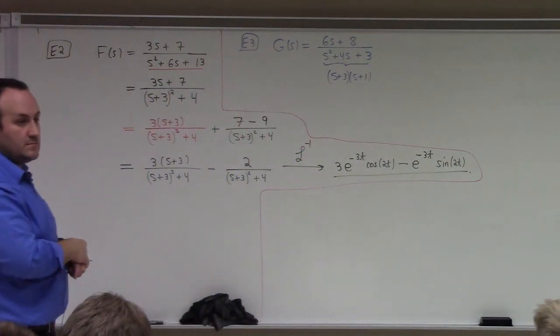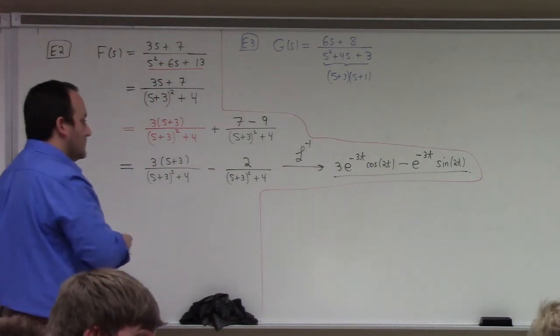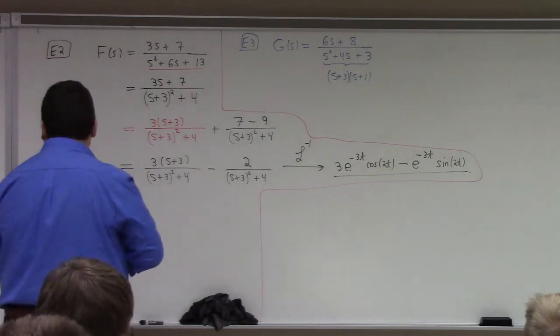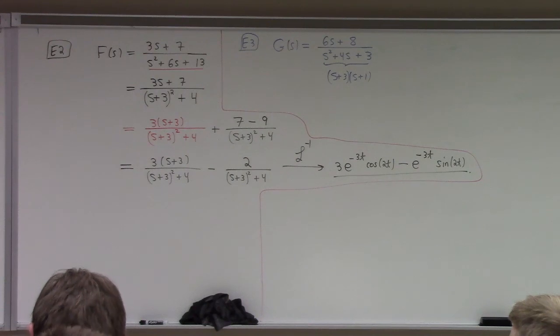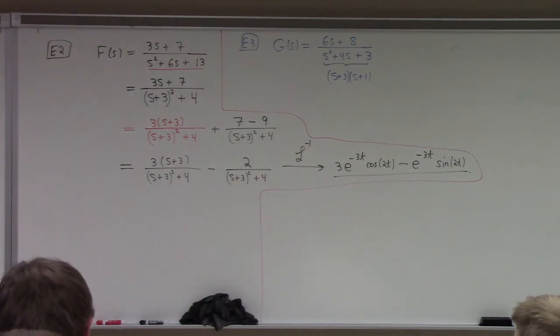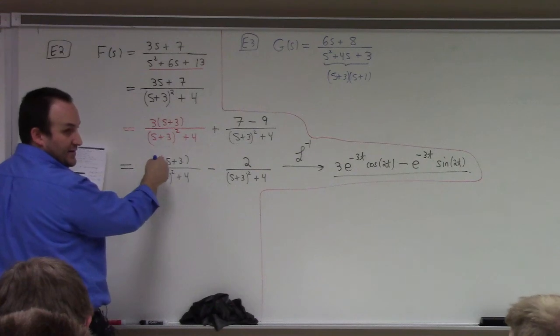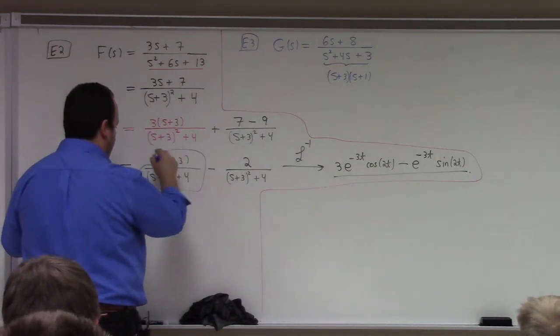Yes? Sorry, going further, in the previous problem, how did you, like, from the sheet, which one is that? What we're doing is we're looking at table 7.1. The last two, we're just going backwards. So for the 3, it pulls out, right? The 3 is outside. It's linear. We can pull the 3 out. And so we're just focusing on this piece here.